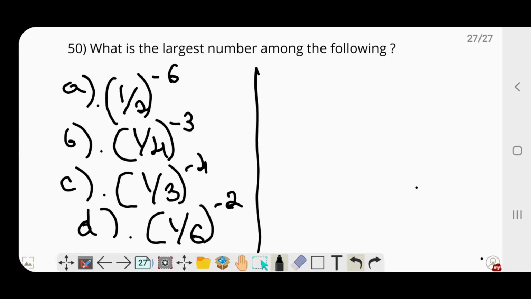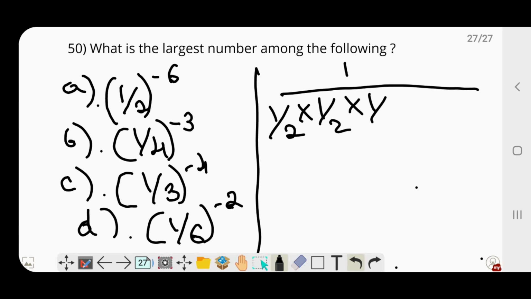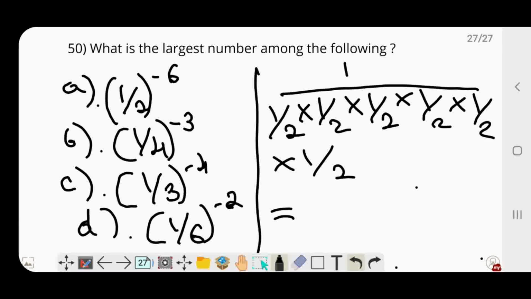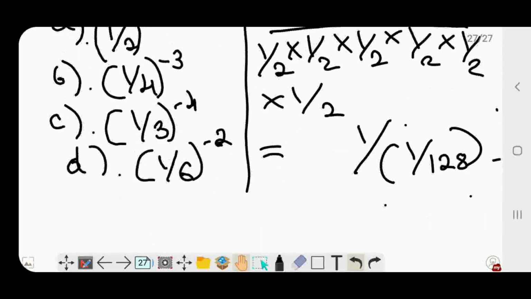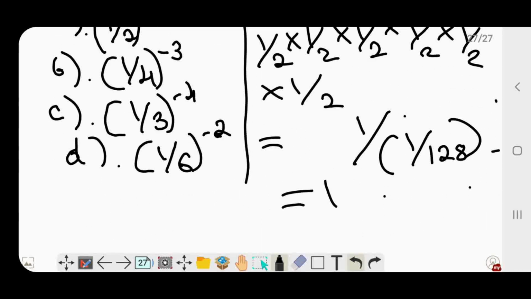So we'll come to know that 1 by 2 to the power minus 6 is nothing but 1 by 2 into 1 by 2 into 1 by 2 into 1 by 2, and we have to do it 6 times, and we get 1 by 64.